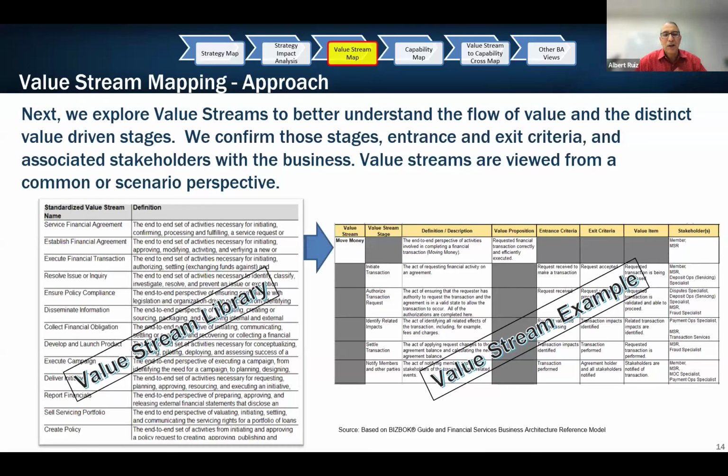We have what we call a common value stream library that we use depending on the particular objective. And then we look at the value stream stages that are providing incremental value within those.